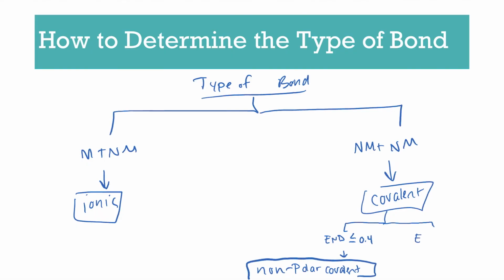If you have an electronegativity difference that is bigger than 0.4, and again, you have two nonmetals, that is your polar covalent. So really this comes down to calculating the electronegativity difference. So here is a great kind of flowchart to help you out.